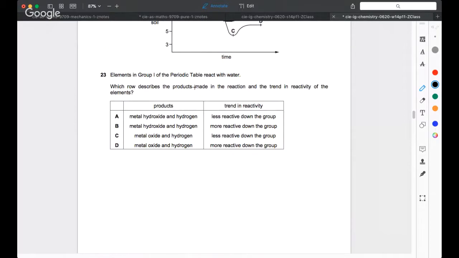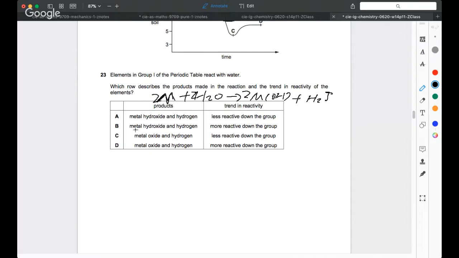A reaction between a group 1 element and water: we represent the group 1 element with M, and when it reacts with water, it gives you MOH plus hydrogen gas, and you need to balance it. So there is a 2 here, a 2 here, and 2 here.